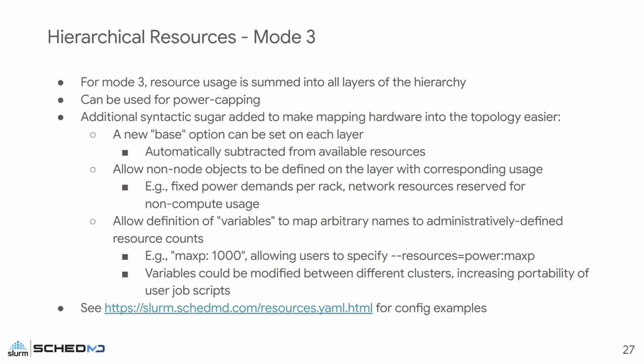There's a lot of other syntactic niceties that came in to help support this model. The idea of this base usage that can be set on each layer that's just automatically subtracted from the resources available on that layer, rather than having to derive it yourself and pull it out of the configuration file. We just let you say, here's the total envelope, but I know this much is already being used. Longer term, this will likely let us do some dynamic updates to these as well.